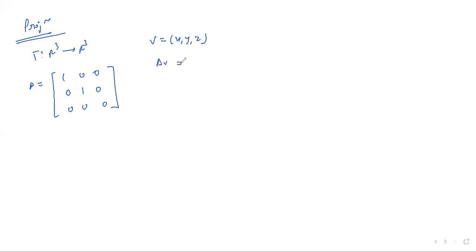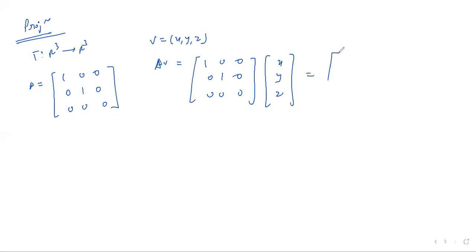Let's find this Av matrix mapping. We are applying the matrix transformation here. Then Av equals 1 0 0, 0 1 0, 0 0 0, and if v is x, y, z, then I get T of v, which equals x, y, 0.